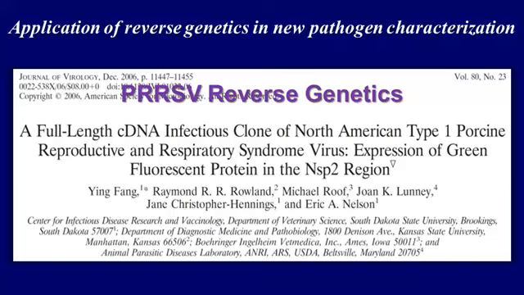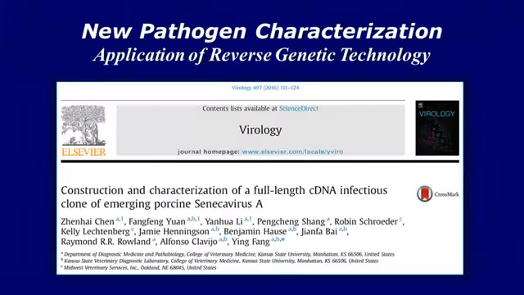This reverse genetics system also facilitates in-depth analysis of viral pathogenesis and host immune response. Recently, we applied our PRRS virus reverse genetics technology to study the Seneca Valley virus.